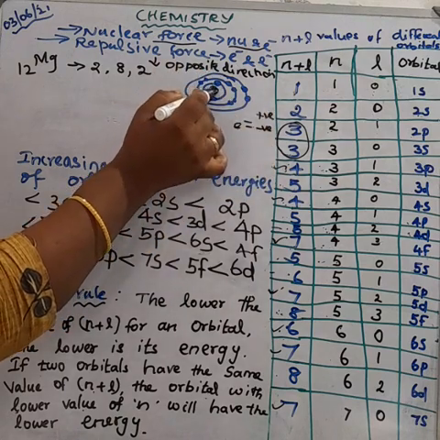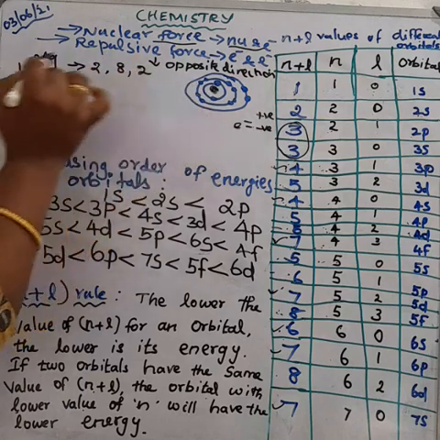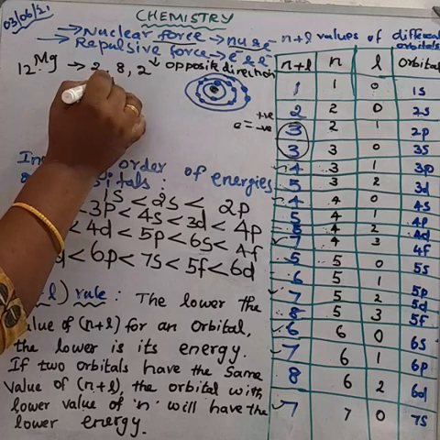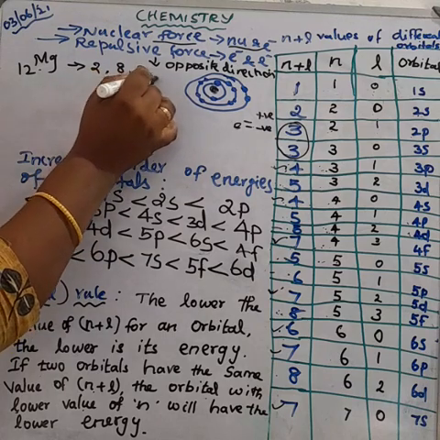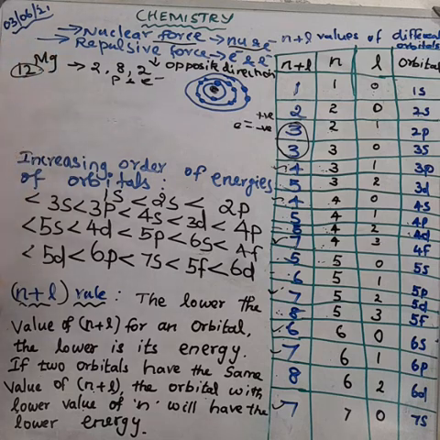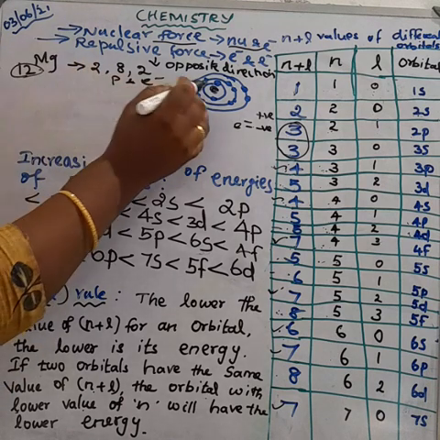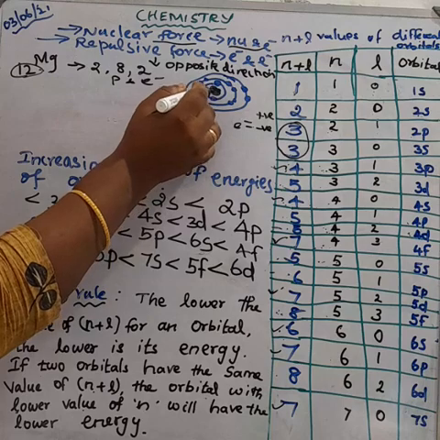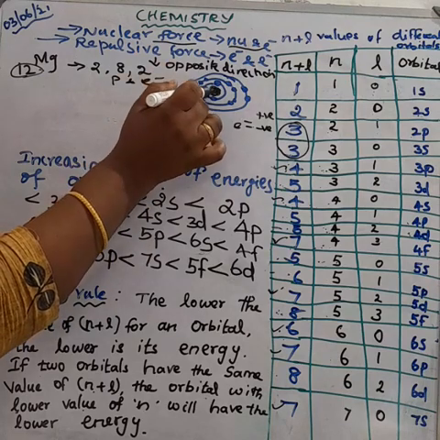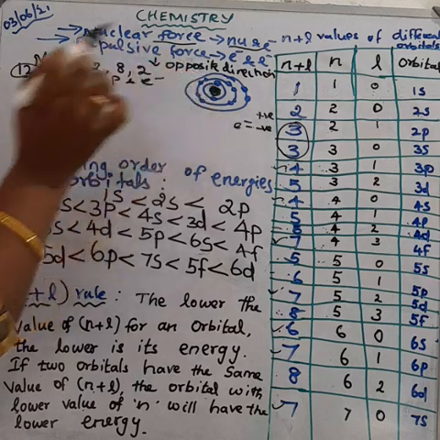Now the magnesium atomic number is 12, so 12 protons. What do we mean by atomic number? The number of protons, or number of electrons. Here 12 protons and 12 electrons are present, so there is a heavy nuclear charge around the nucleus.